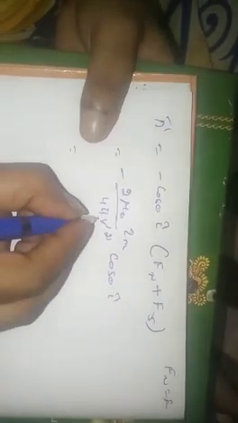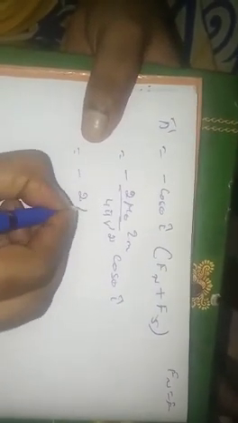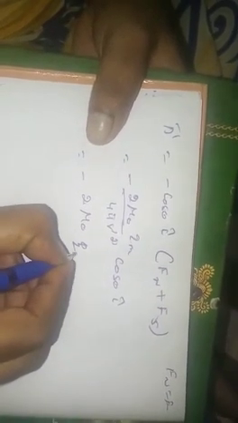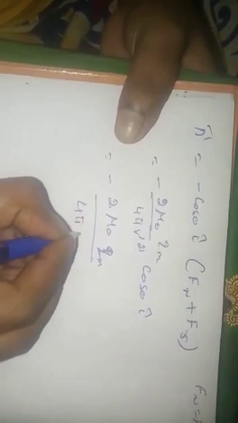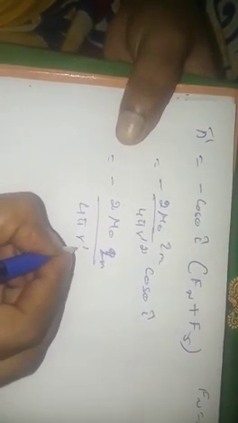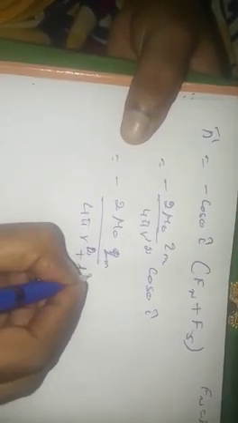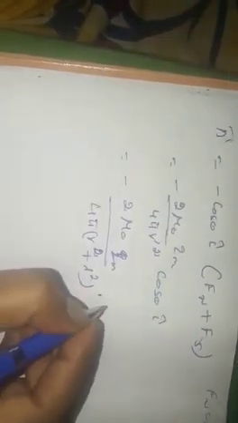So we can substitute the r dash value from the diagram: 2 mu naught by 4 pi r dash squared, value r squared plus l squared whole to the power of 1 by 2. Sorry, here r dash squared, the square will not come, into cos theta I cap.